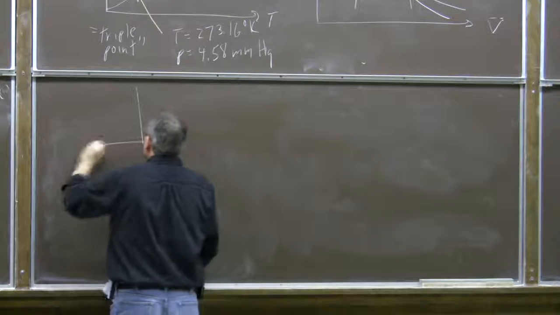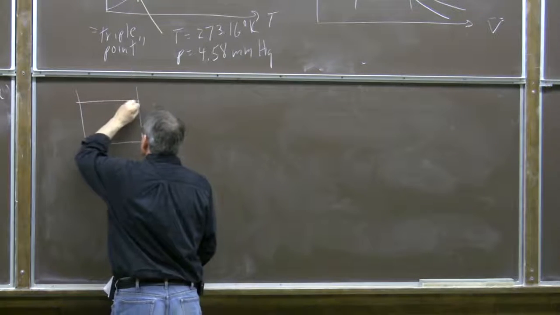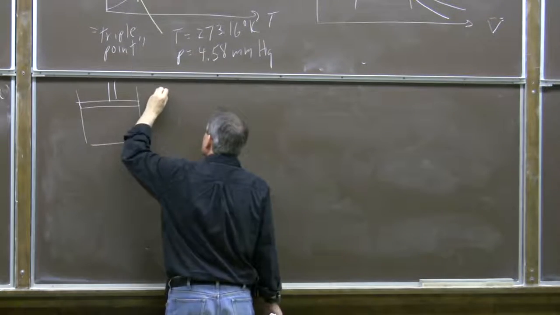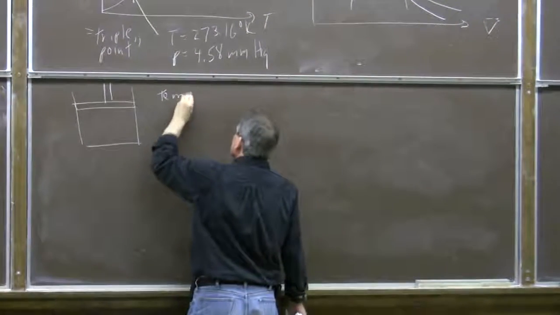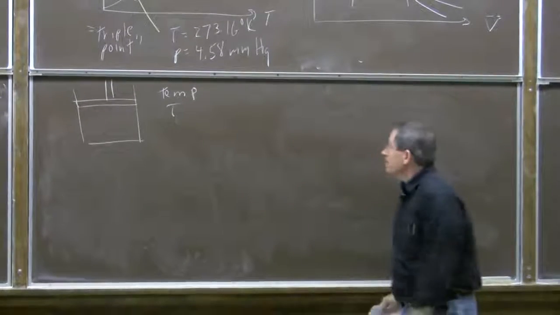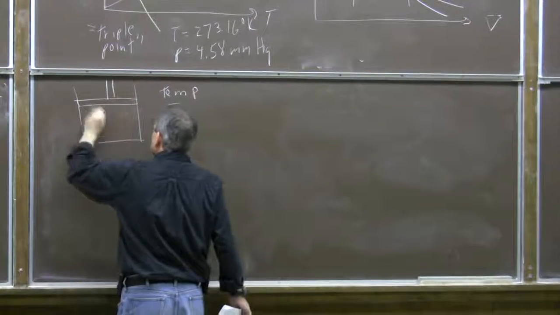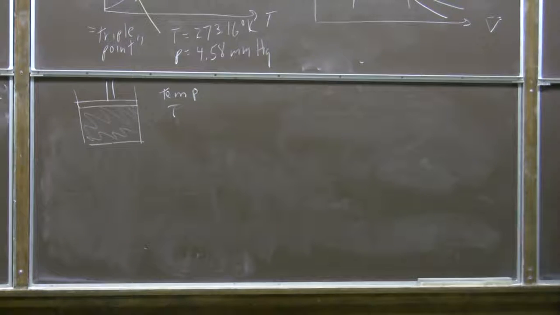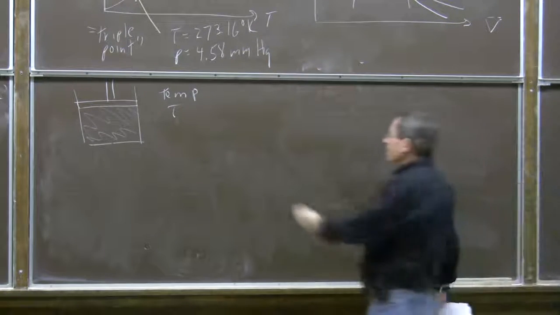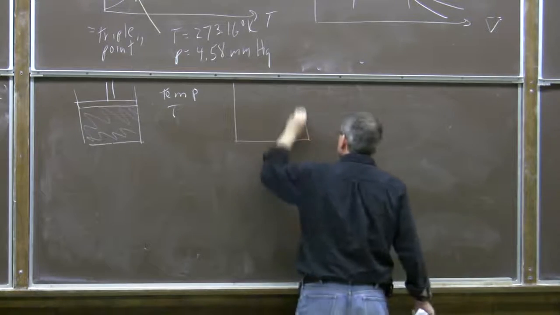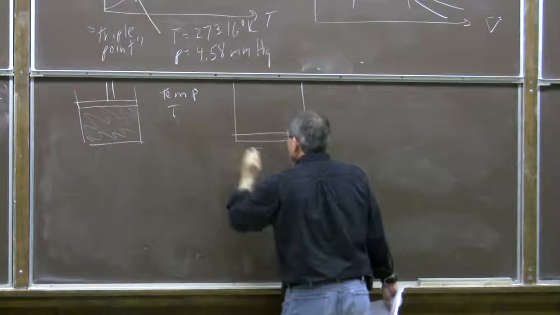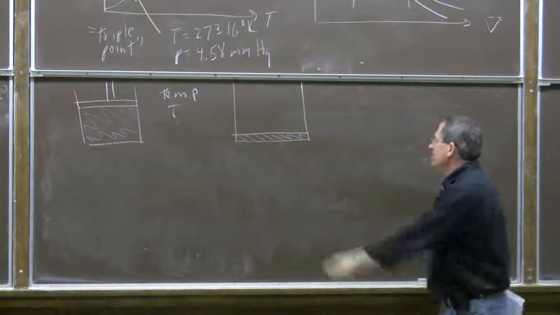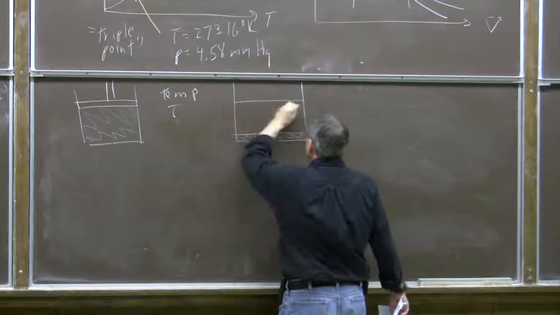So the volume is high. Let's say I have some piston. I'm considering some fixed temperature, tau. The volume is big. I've got just gas. Keep pressing down, and eventually liquid forms. And there will be a boundary between liquid at the bottom of the beaker and vapor above it.